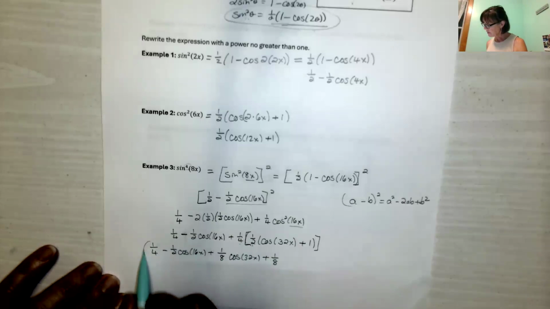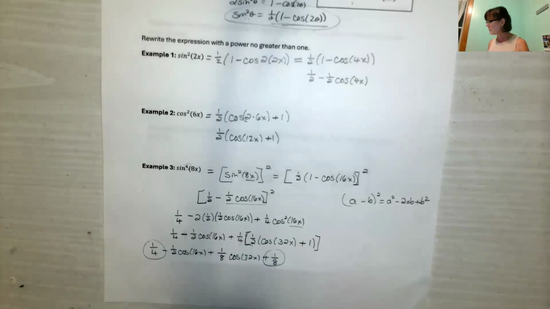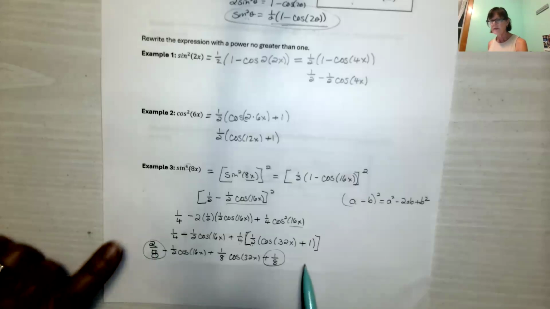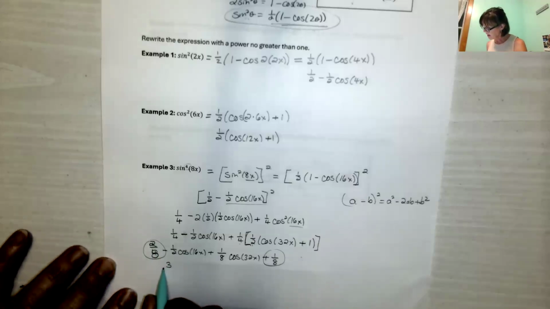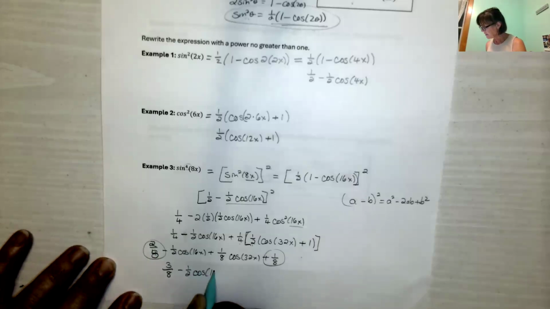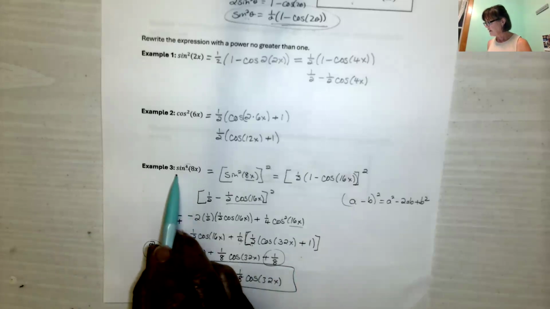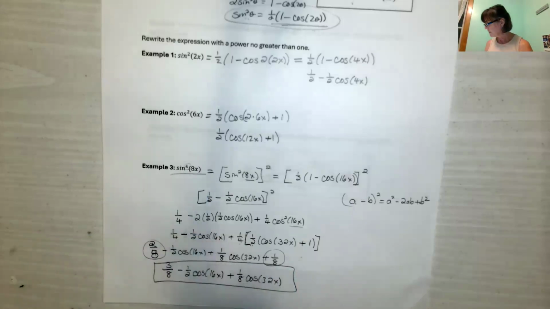So what I can do here is combine these like terms. 1/4 plus 1/8, if I get a common denominator of 8, 4 times 2 is 8, 1 times 2 is 2. Now I can add those guys. So this is 3/8 minus 1/2 the cosine of 16x plus 1/8 the cosine of 32x. And that is equivalent to sine to the 4th of 8x. All right, that's this one.